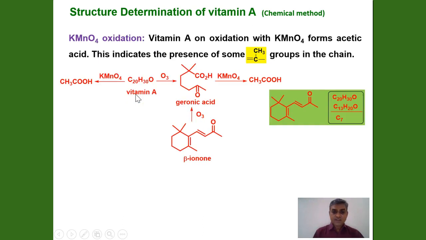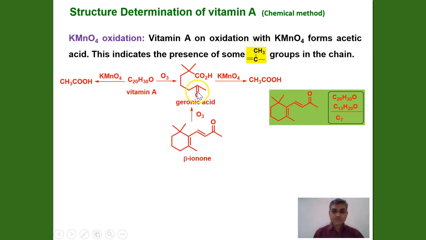Now let us discuss another oxidation experiment. In this experiment, vitamin A is subjected to vigorous oxidation with chromic acid, and there is a formation of acetic acid. The formation of acetic acid is possible only when a CH3 group is attached to a carbon-carbon double bond. We have to account for the remaining 7 carbon atoms, and since acetic acid is formed, there is a chance that a CH3 is attached to a carbon-carbon double bond.